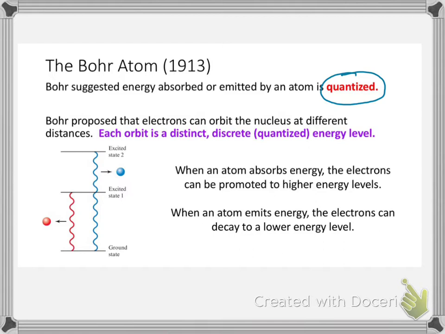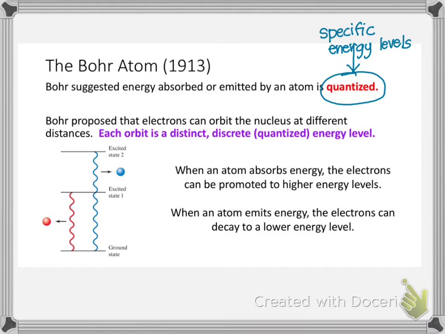Quantization of energy is a really important idea for the understanding of electrons. What quantized means is that the electrons can only have specific energy levels. They cannot have any energy under the sun. There's only certain energy that the electrons in an atom can have.